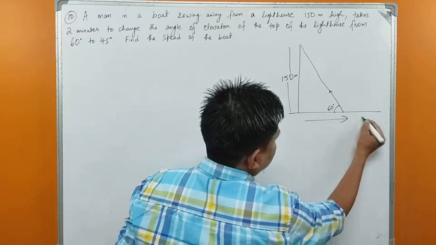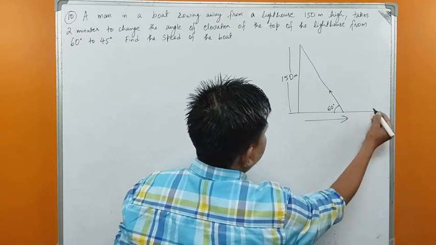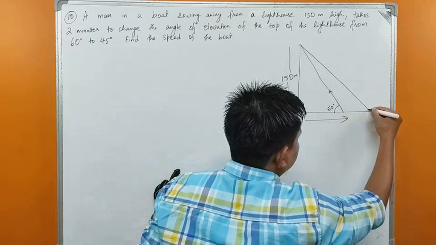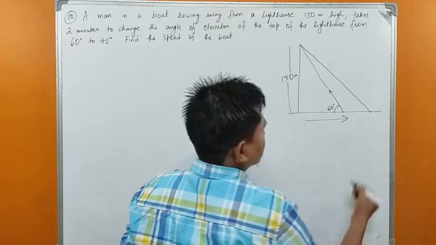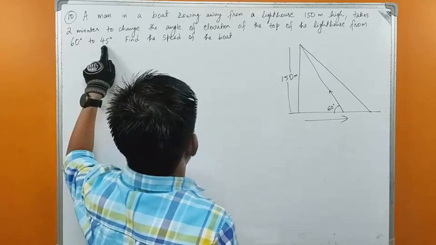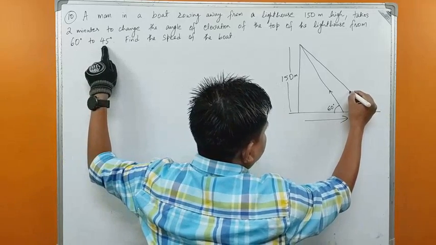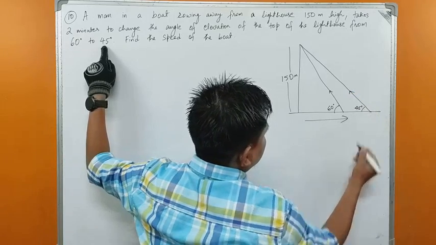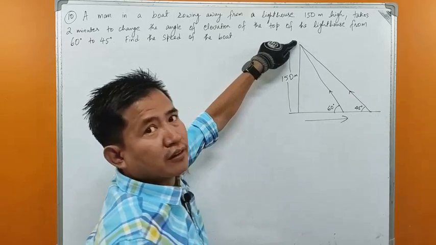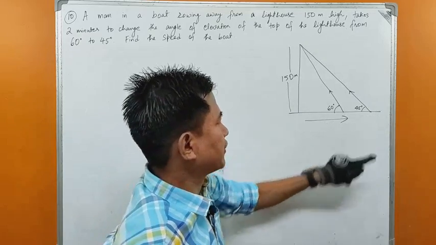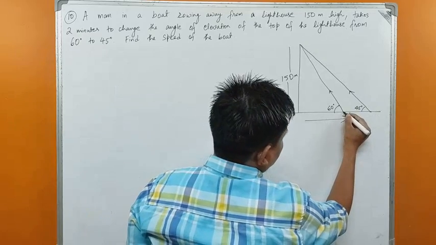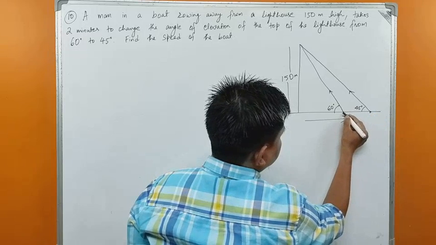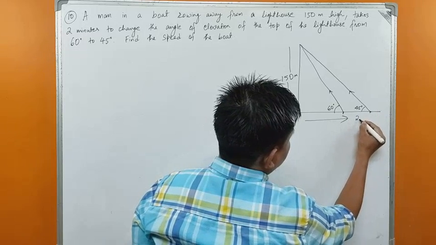Now the man is rowing away, isn't it? After 2 minutes, suppose the man reached another point, and at this time the angle of elevation is 45 degrees. So the time taken by the man to travel from this point to this point is 2 minutes.